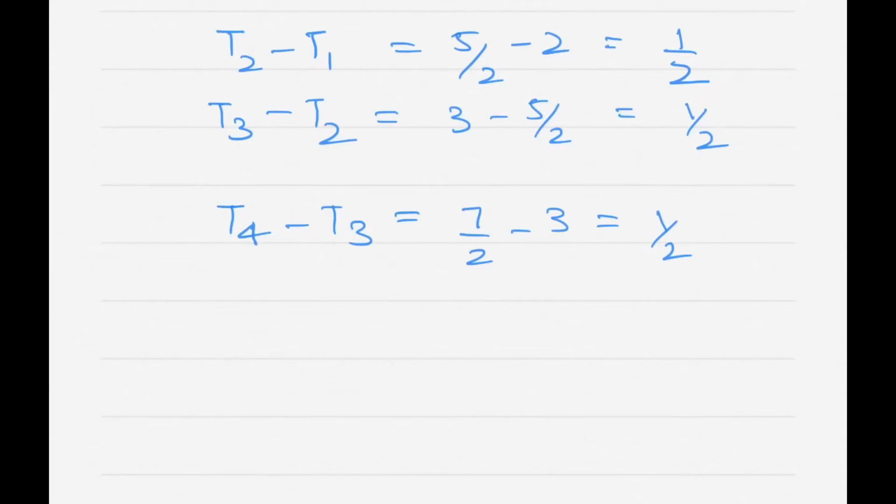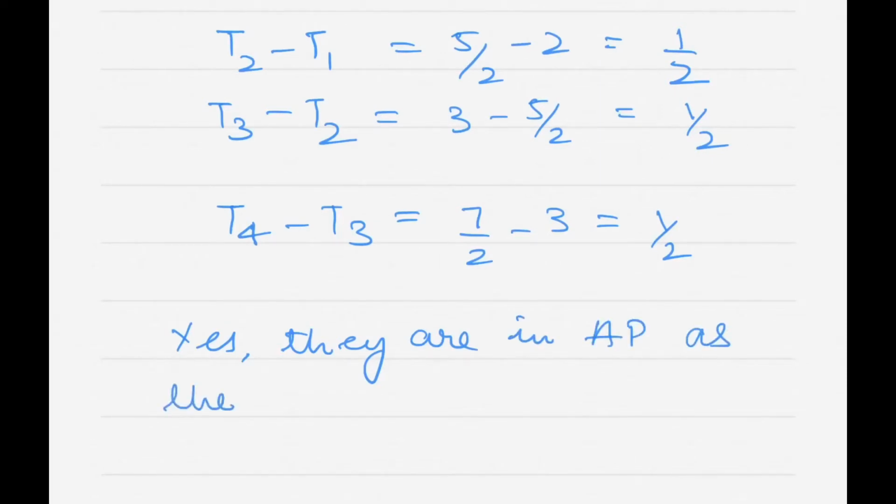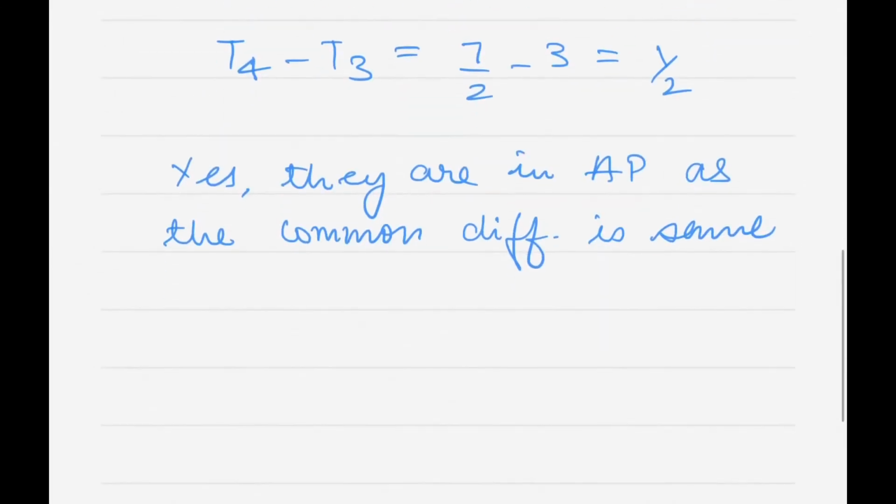So now I can write down yes, they are in AP, as the common difference is the same. Then I have to find d. So d is equal to half.